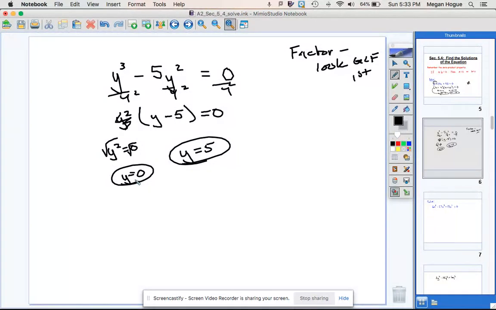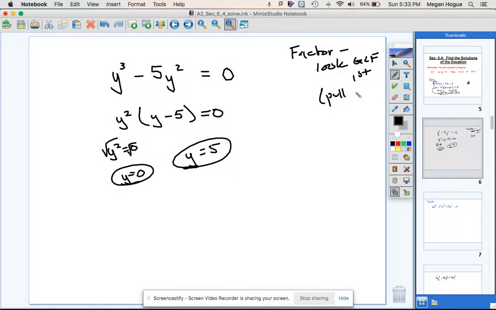I would have lost that y is equal to 0. So you want to make sure you pull that GCF out in front. Maybe it's easier if I just do it this way. So pull your GCF out in front. That way we see we have two answers there. So I'm even going to say this, pull your GCF in front.